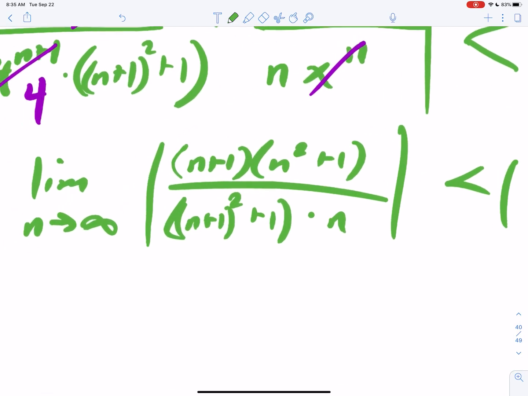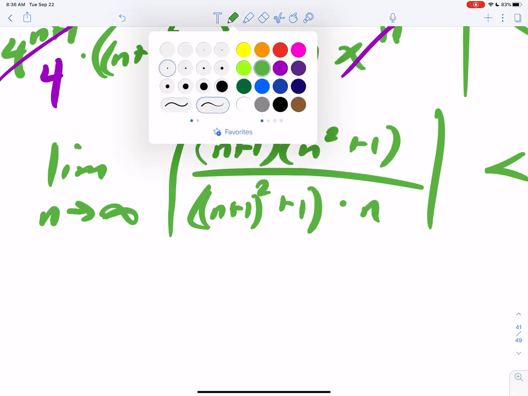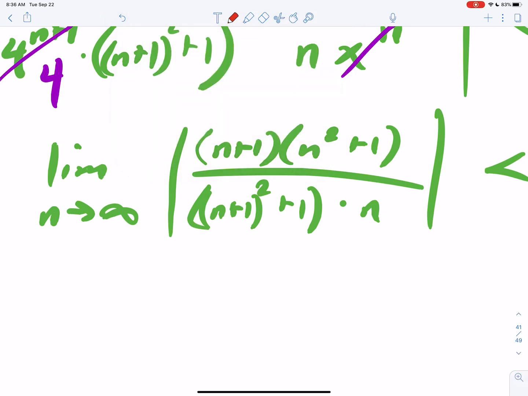Okay, now although this looks very messy, if you can imagine if you were to distribute the heck out of this, you're only focusing on the largest degree term. So here, that would happen when you multiply these two. That's just n cubed. Down below, although that gets really messy, I have something squared eventually multiplied by another n.